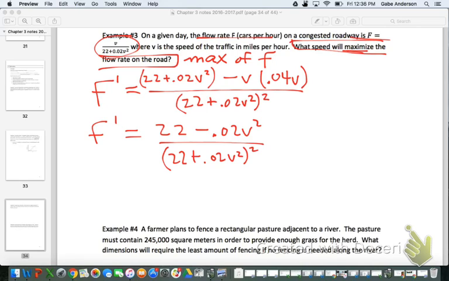Right, so let's think this through. What input for v might cause that denominator to be 0? Well, if you plug in a 0, you just get 22. Root 22 divided by 0.02. Well, root 22 squared would be 22.